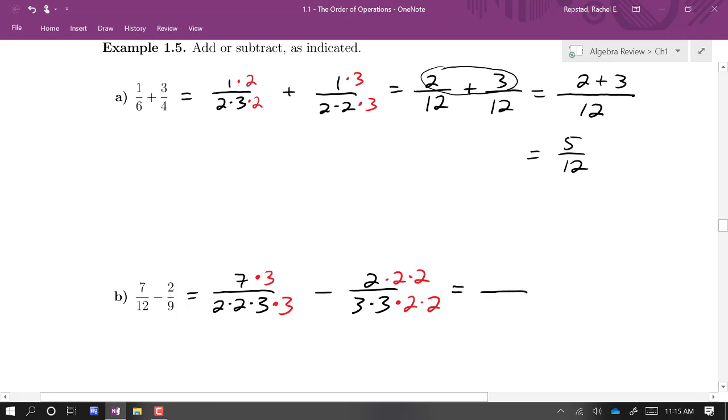So my denominator is 4 times 3 times 3, which is 36. And up top I have 7 times 3, which is 21, minus 2 times 2 times 2 is 8. 21 minus 8 is 13.